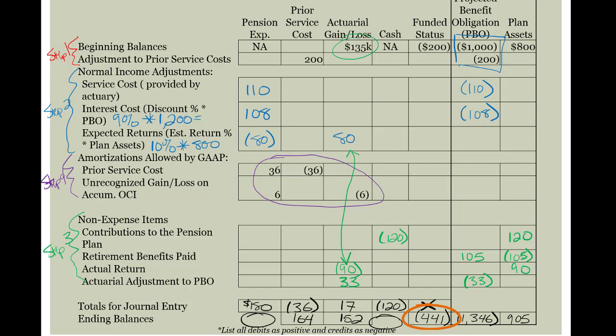36, $200 off. Oh, wait a minute. I never did an entry for this $200 change when I renegotiated my contract with my employees. And that changed my other comprehensive income for prior service costs. And because I don't have a PBO account, it will also change my net pension obligation, because that's where I keep track of the PBO and the plan assets. So let's go ahead and do that journal entry.